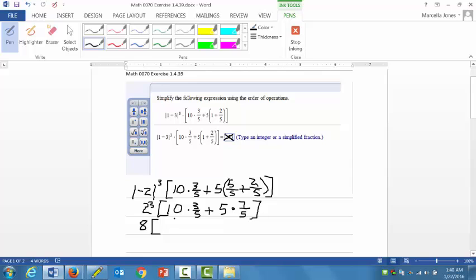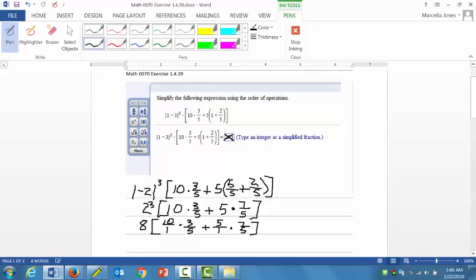I'm going to think of 10 as 10 over 1. And that's being multiplied by 3/5. And I'm going to think of 5 as 5 over 1. And that's being multiplied by 7/5.